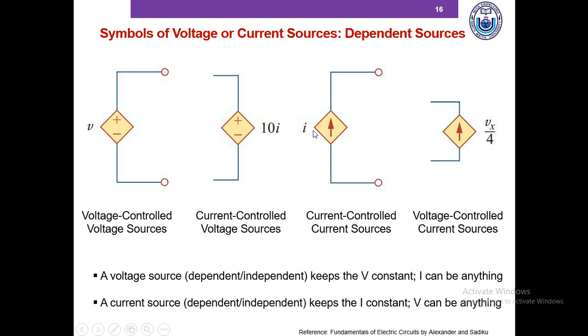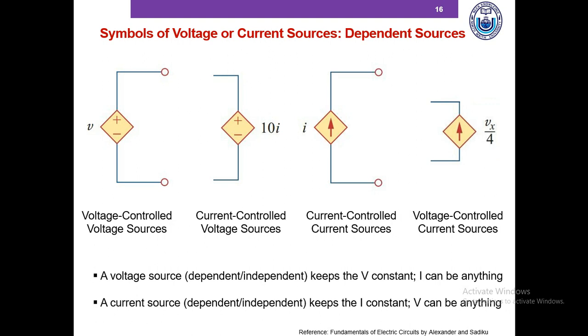Again, from this diamond shaped structure and this arrow here, we understand that it's a dependent current source. And since it's I here, which is a current of some part of the circuit, it's a current control current source. And for Vx by 4 here, Vx is voltage of some part of the circuit, which is why it's a voltage control current source.